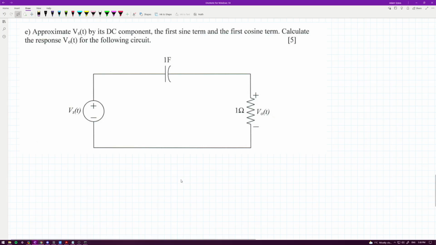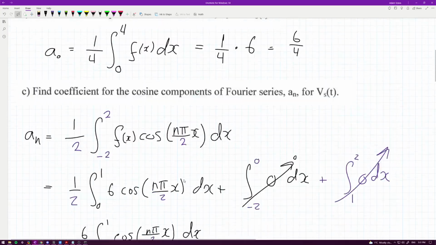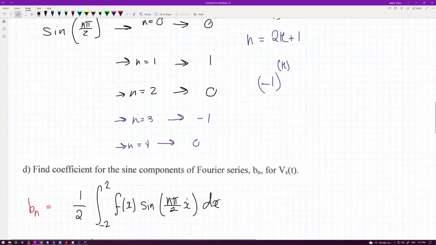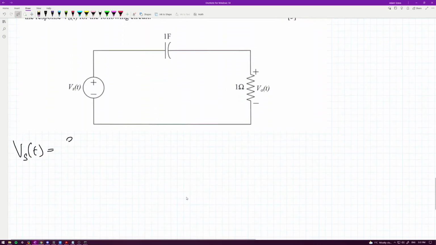So the DC component. Hold on, let's look at our function first of all. F of t, or Vs of t, is equal to 6 over 4, I think, was the DC component. I'll write it as 6 over 4 because it doesn't matter.